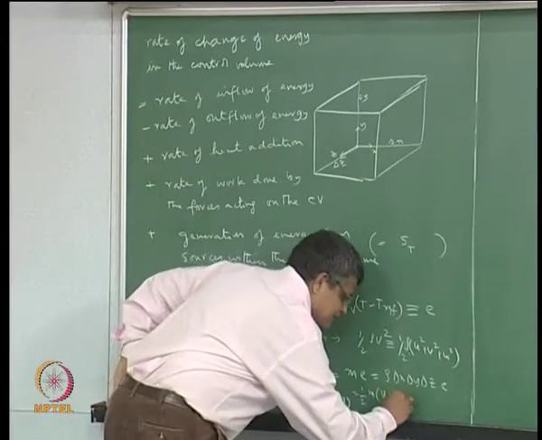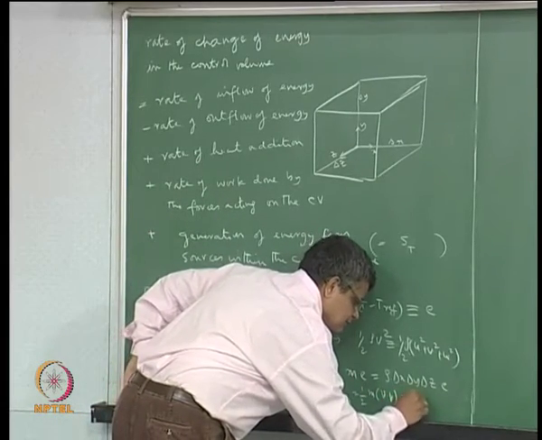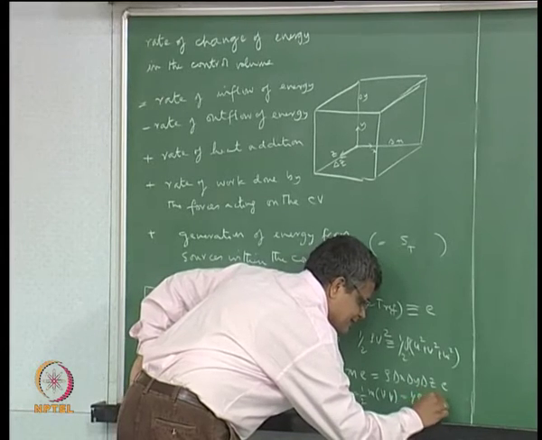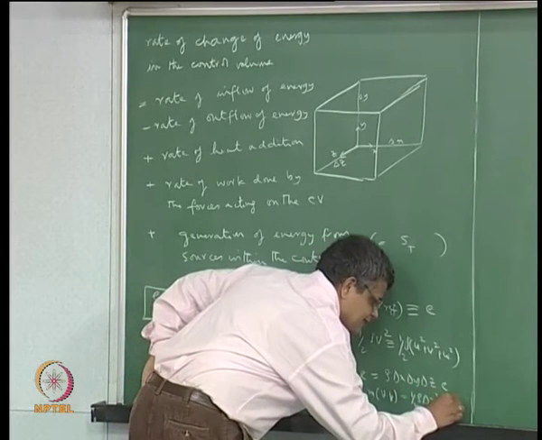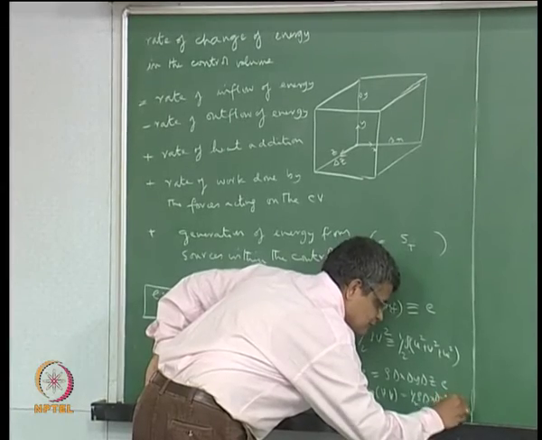So again this can be written as half rho delta x, delta y, delta z times v dotted with v.